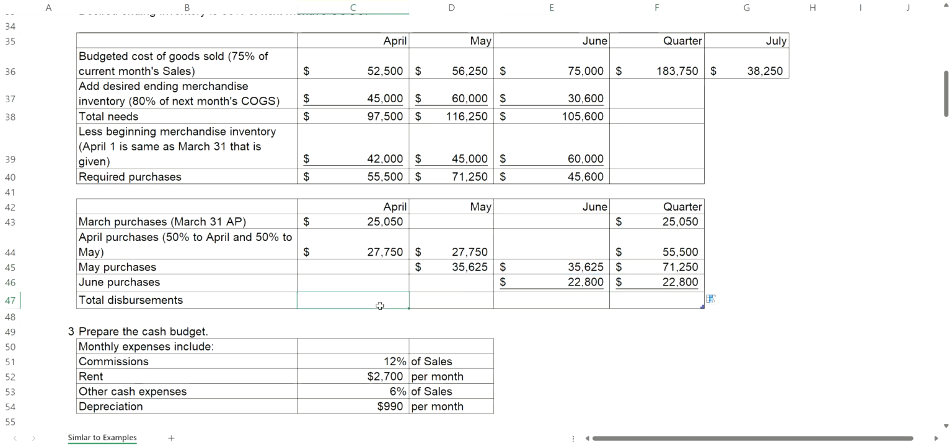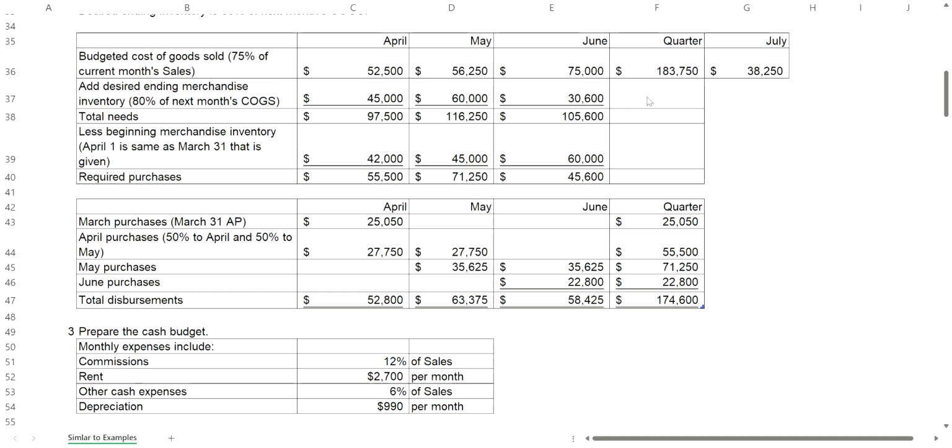Okay, and add the columns. I guess I said that reverse, but add all the rows and columns. And if you go vertically or horizontally, you should get the same amount of $174,600.